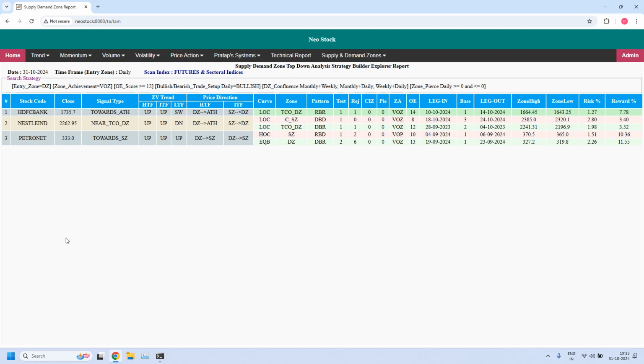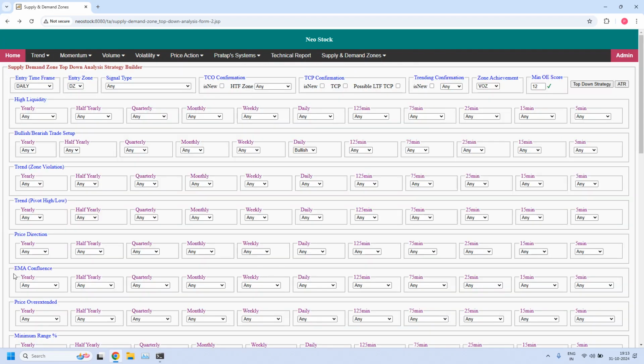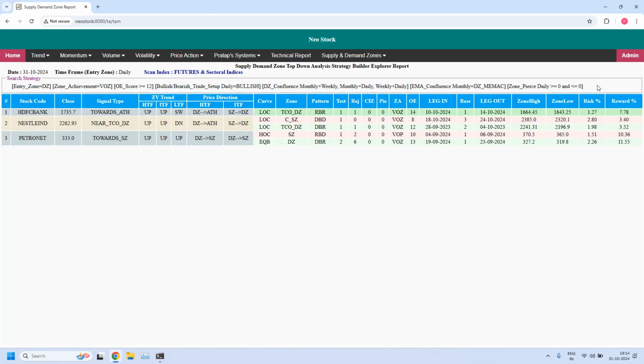And in these three, if any of these stocks are having monthly EMA confluence, monthly demand zone with monthly EMA confluence, they are even more high probability setup. Let's verify. In the EMA confluence at monthly time frame, because the daily and weekly zones together are part of the monthly zone. So if monthly demand zone is having monthly EMA confluence, it is even more high probability setup.